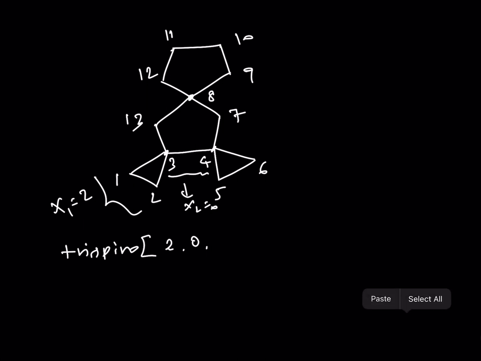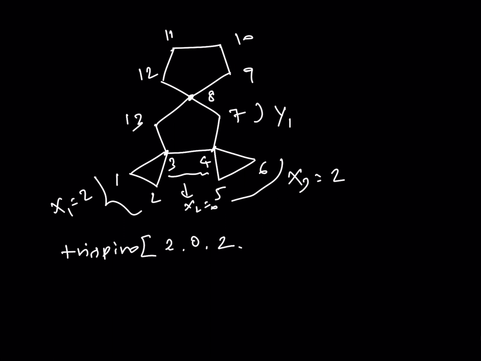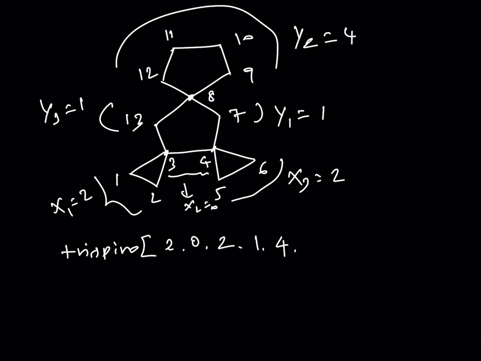And then the value of x3 is these 2 carbons. x3 is also 2, and then this is y1, that is 1, and then y2, these 4 carbons, that is 4, and then finally y3, that is 1.